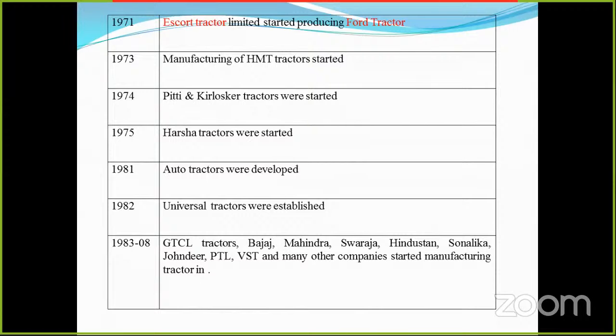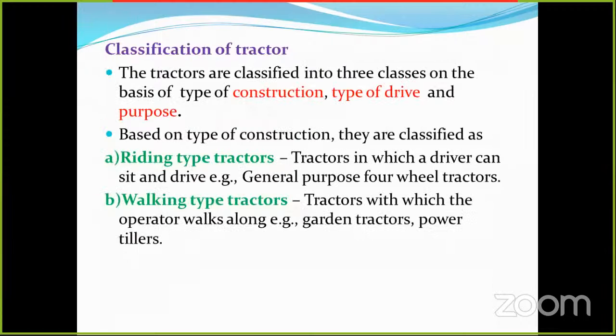Next, classification of tractors. So how can we classify the tractor? Here, based on their construction, type of drive and purpose. Based on their construction, it means riding type tractors and walking type tractors.